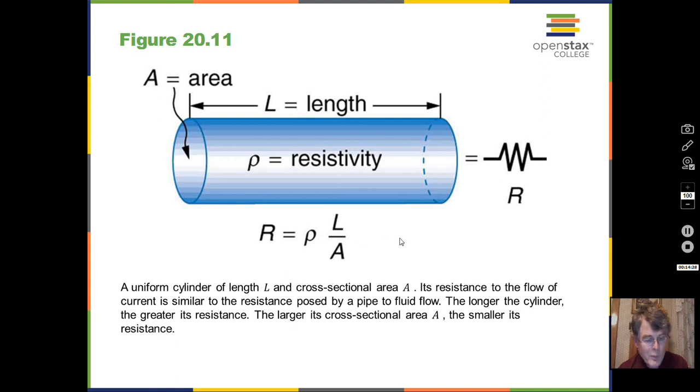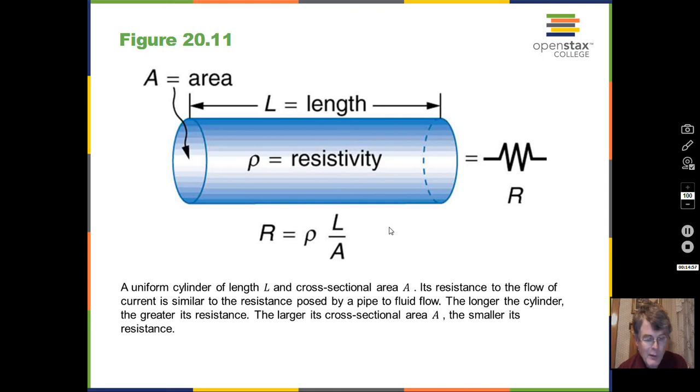Now, the rho is equal to a fundamental intrinsic rho, a rho naught, times the parentheses 1 plus alpha times delta T. So if we want to double the resistivity, the 1 plus alpha delta T would have to have a value of 2. So write this down on your own scratch paper. 2 equals 1 plus alpha delta T. That means alpha delta T is equal to 1.